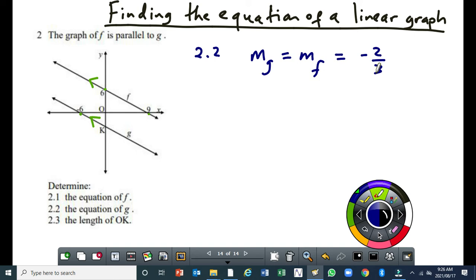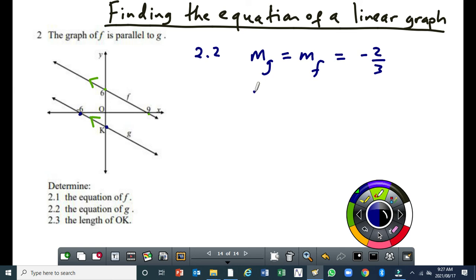Right? But now, for g, I don't know the y-intercept, which means I can't determine it by inspection, like in the previous question, where I could easily identify c. Here I can't, which means I need to do a substitution. The only point that I can substitute is this point here, where x is minus 6, y is 0.